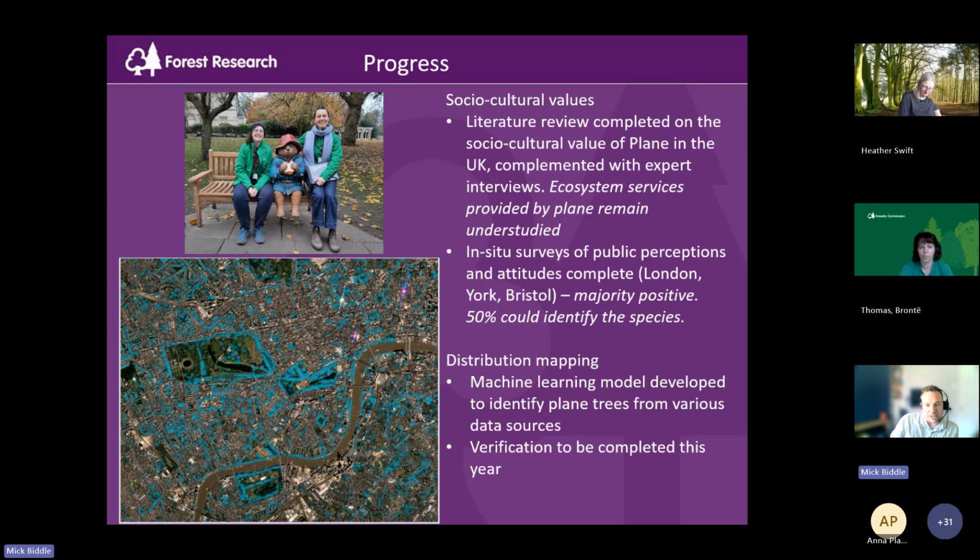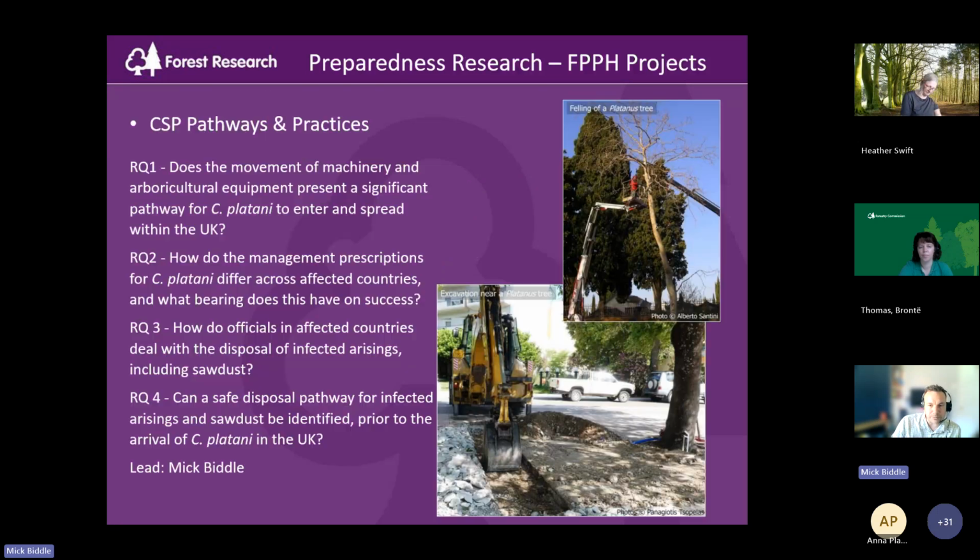And we've got verification that we need to complete this year. It must be said that the accuracy was better in the south of England than in the north of England, but that's because of the amount of plane present in south versus north and the data that we were able to feed into the model to develop it. But there's still scope for it to improve.